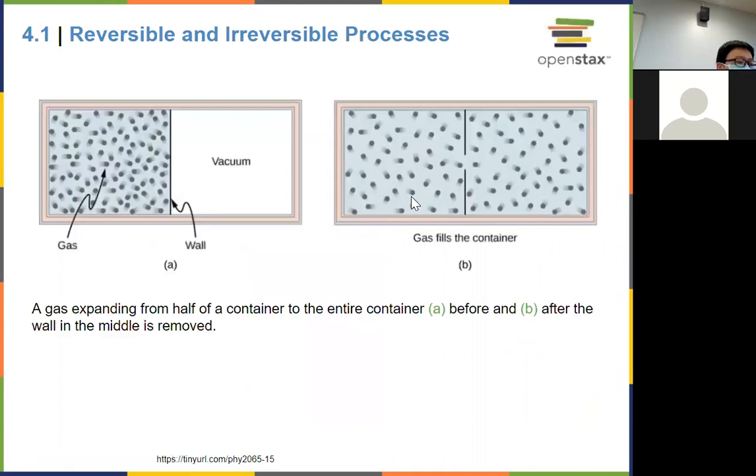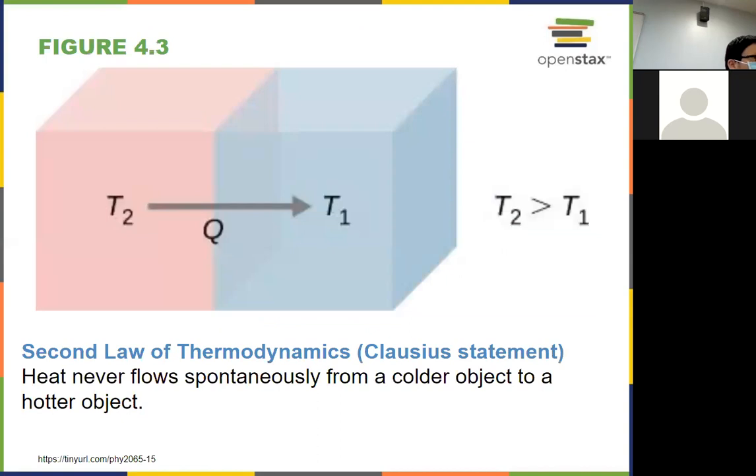All right, so last time we started chapter 4 and talked about irreversible and reversible processes. So pretty much everything that happens in this universe is an irreversible process. In an ideal situation, you might have a reversible process, but in reality, it's very hard to find one.